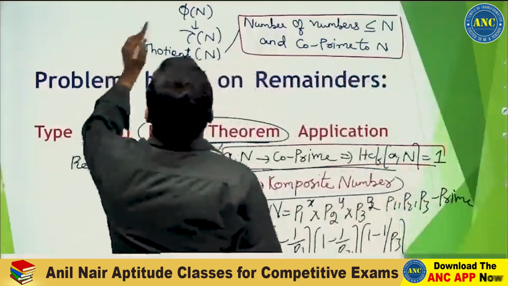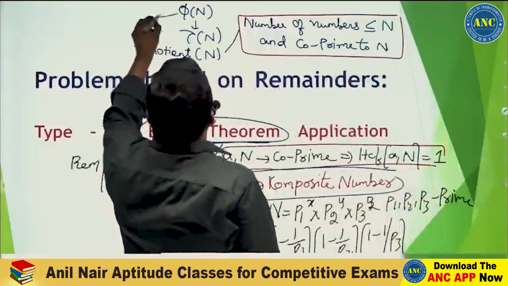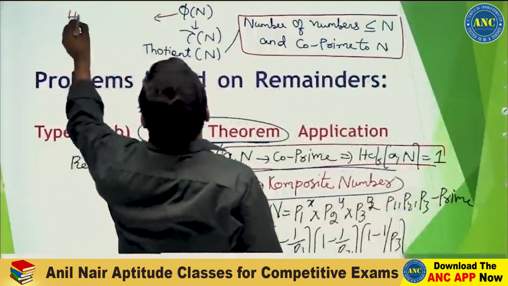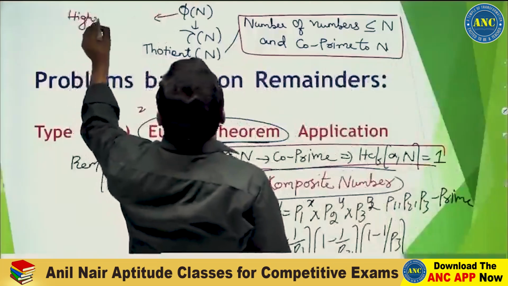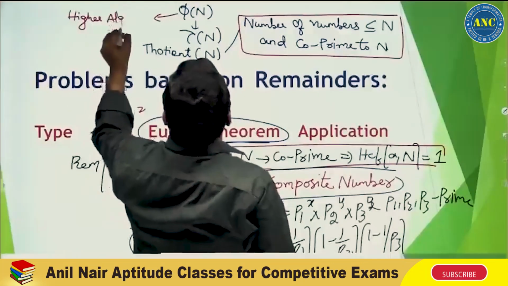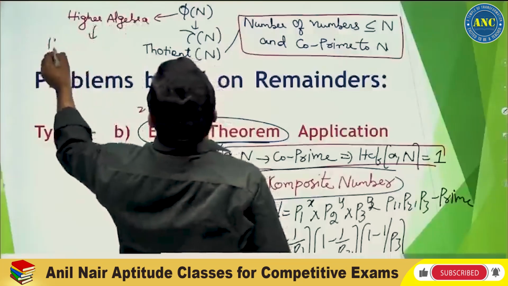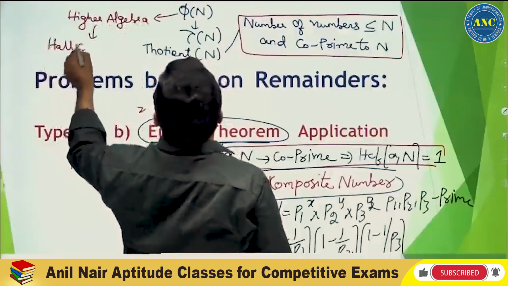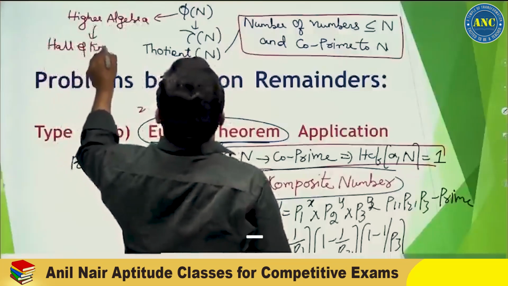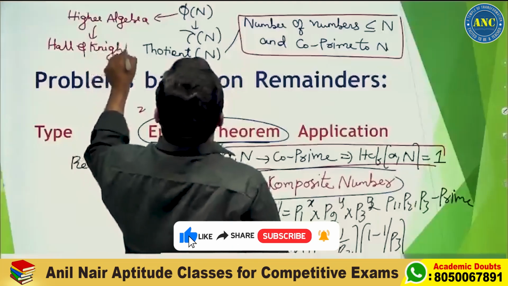In case you want to know more about it, the concept is available in the book Higher Algebra by Hall and Knight. This is one of the very good books, and students preparing for IIT must have referred to it. This concept I am discussing is taken from this book.